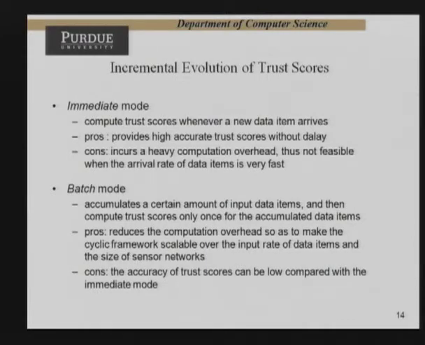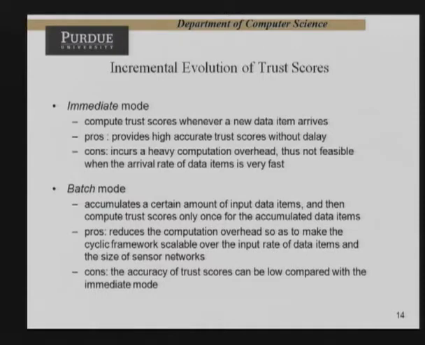It means that the cyclic computation should be conducted for every new data item. The advantage is that it can provide highly accurate trust scores without delay, but it incurs heavy computation overhead. Thus, it is not feasible when the arrival rate of data items is very fast.